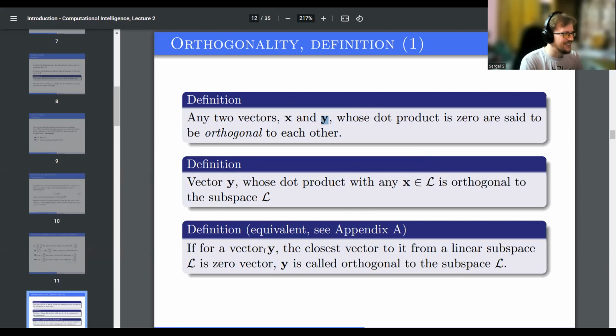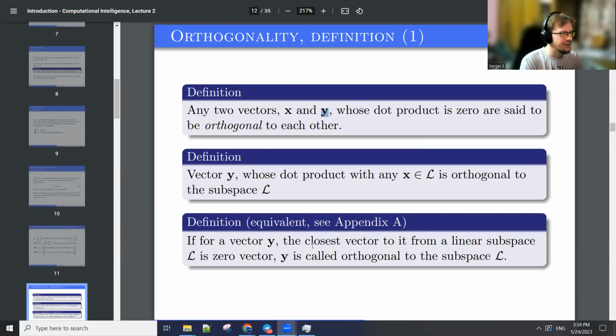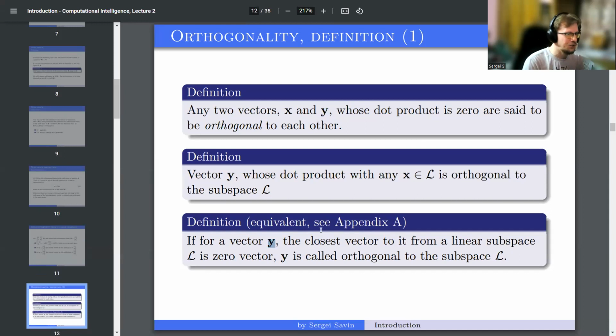Now, equivalently, you can say that vector y, for which the closest vector to it from a linear subspace L is a zero vector, such vector is called orthogonal to the subspace L. We can see the proof in Appendix A. But you can see this idea now, right? If you have a vector for whom the closest element in the null space is the zero vector, that vector is orthogonal to the whole null space.